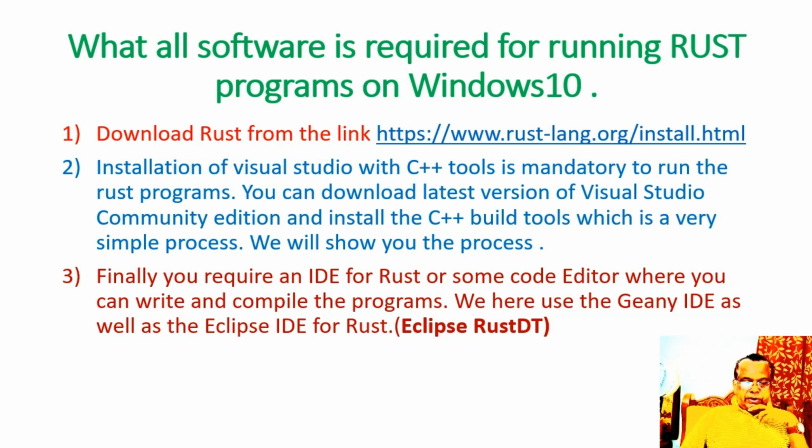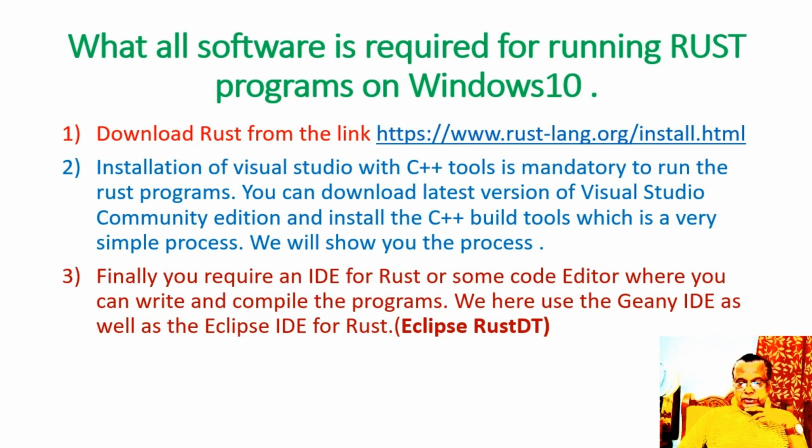The third one: finally, you require an IDE for Rust or some code editor where you can write and compile the programs. We here use two such IDEs: the Geany IDE as well as the Eclipse IDE for Rust, which is actually Eclipse Rust DT.